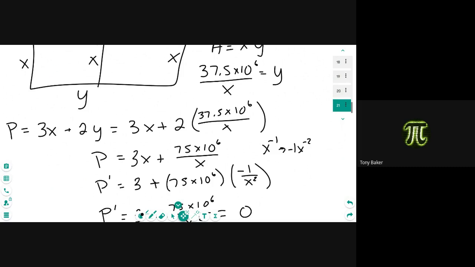Okay. Should just get that in scientific notation real quick. About 30,000 equals y.